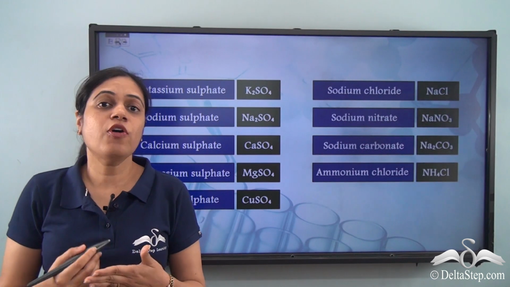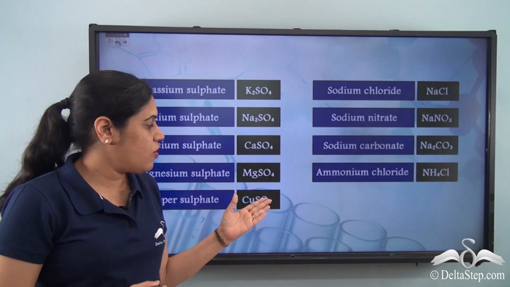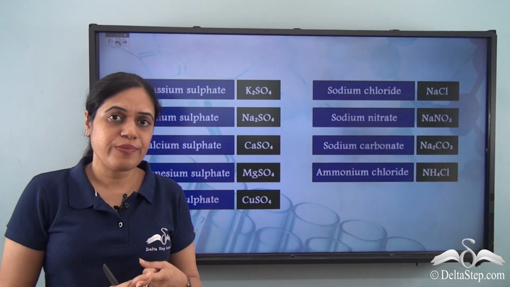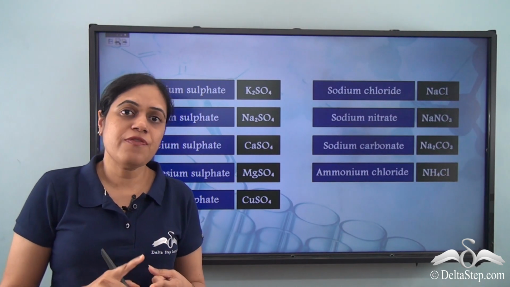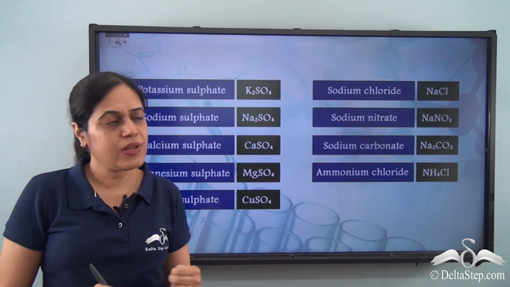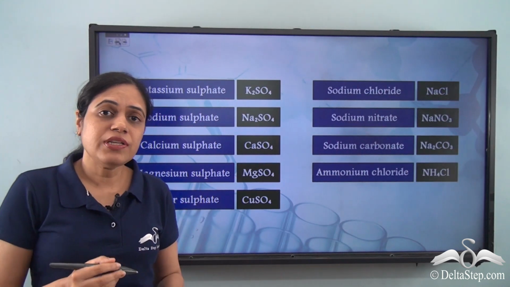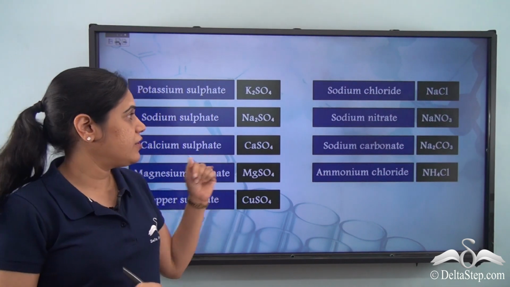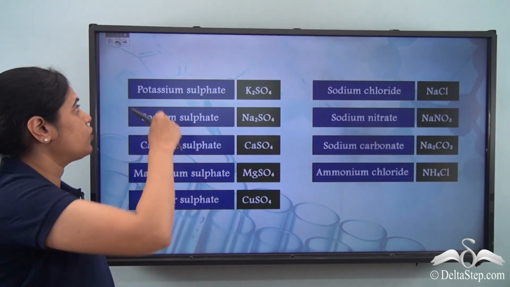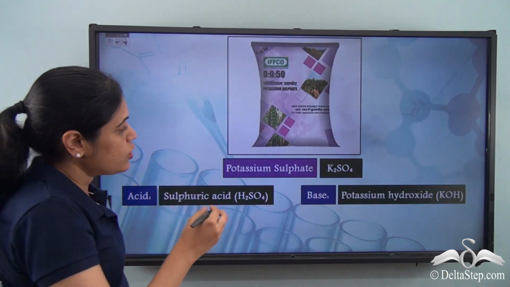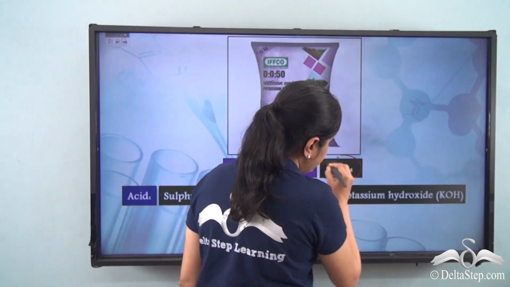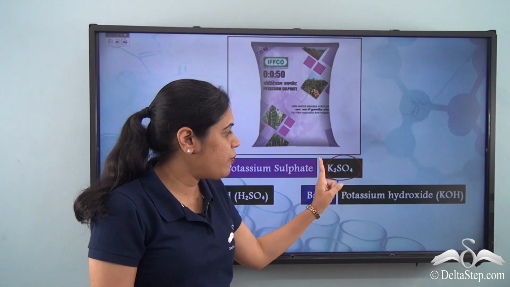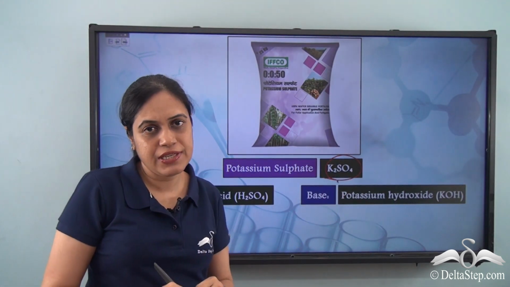Now, as I already told you, each of these salts is formed by the reaction of an acid and a base. So, let us see what are the different acids and bases which combine together to form each of these salts. If you look at potassium sulfate, K2SO4, it is formed by a potassium ion and sulfate ion.